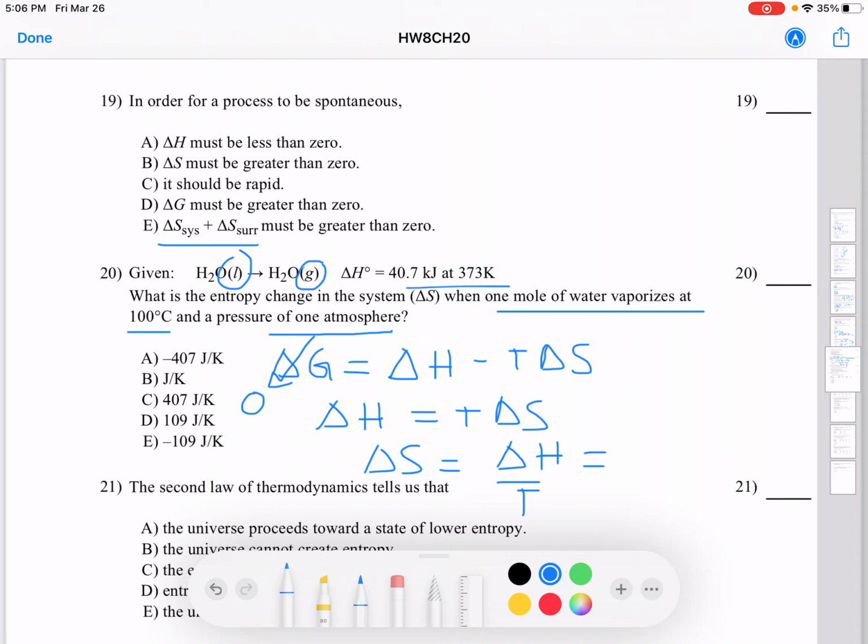Delta H was given as 40.7, and you're going to divide it by the temperature, 373 Kelvin. Because 100 degrees Celsius plus 273 would be 373. So you divide 40.7 by 373 Kelvin.